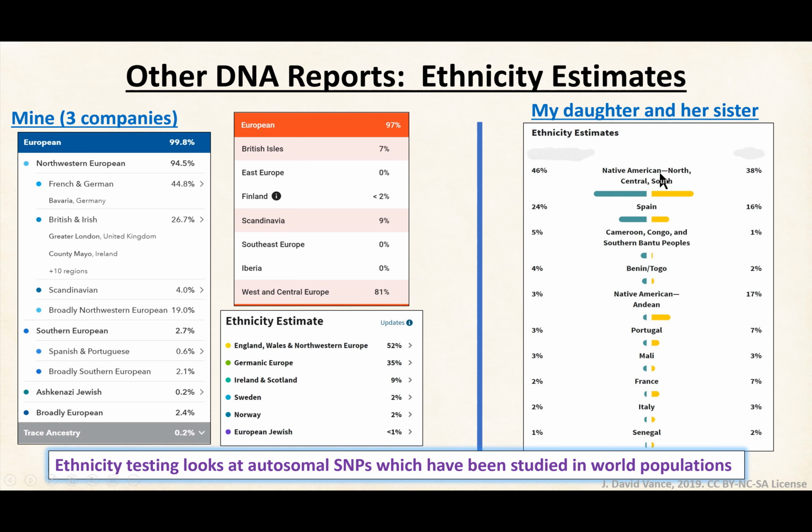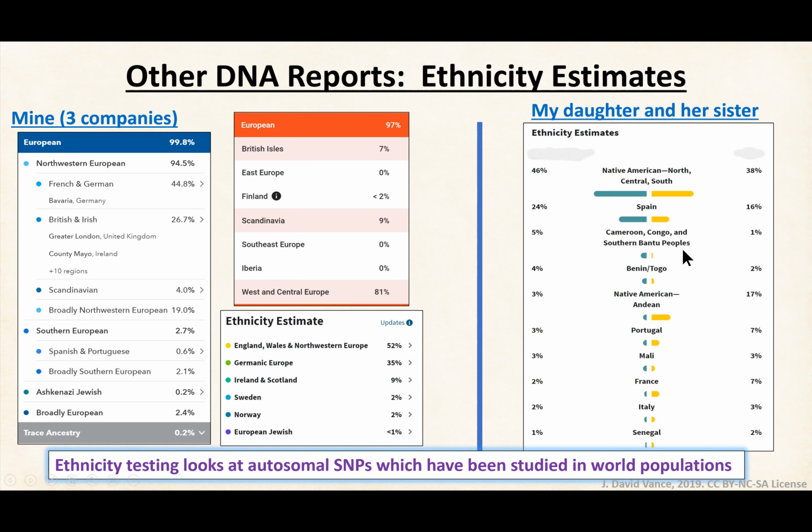What might be surprising is that my daughter and her sister share completely different percentages, even though they're full siblings, in these various categories. So her sister, for instance, is much stronger in the Native American Andean category. My daughter is much stronger in her Native American North, Central, and South category.